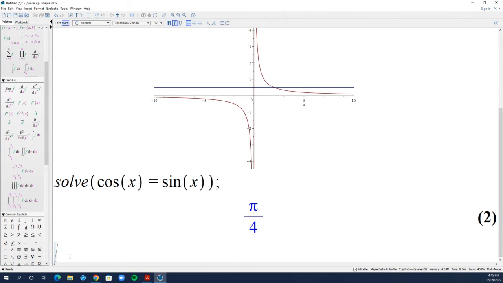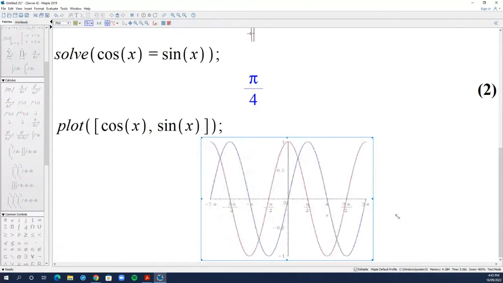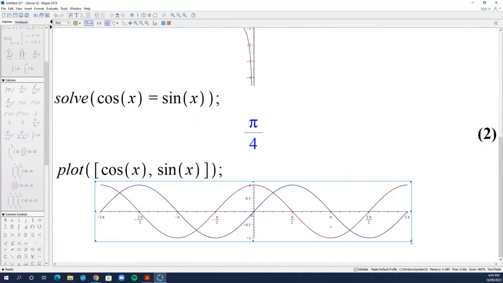So let me give you an example. We'll use the plot command again, and I'll plot cosine x and sine x on the one set of axes. Watch what happens. Make that a bit bigger. Whoops, too big.